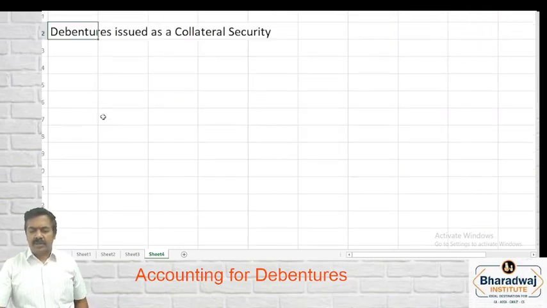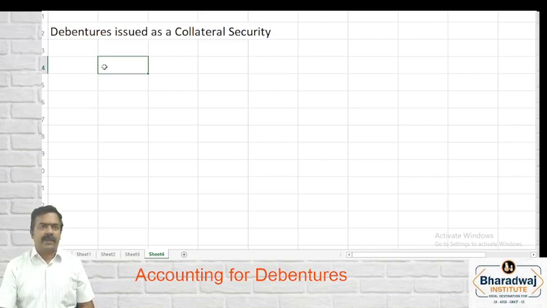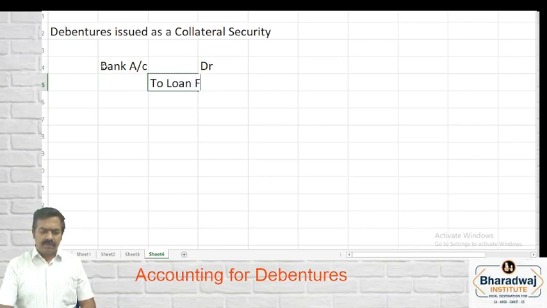Debentures are issued as which one? Collateral security. What do you mean by collateral security? Pay attention. I borrow a loan from her. What is the entry I'll pass? Bank account debit to which account? Loan from so and so account, like that I will record.